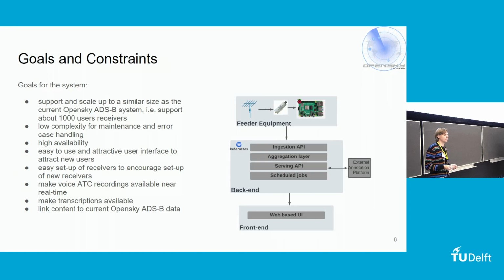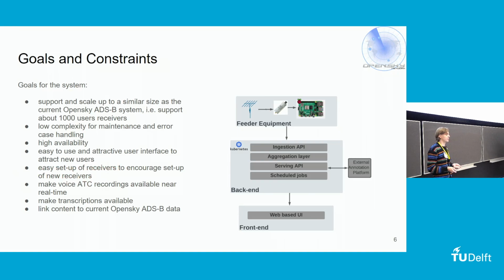The infrastructure should be like that. It has to be highly available. Although OpenSky is not providing operational data, and most probably will not do that, it's not our goal, still high availability is preferred. It has to be attractive and easy to use for new users.